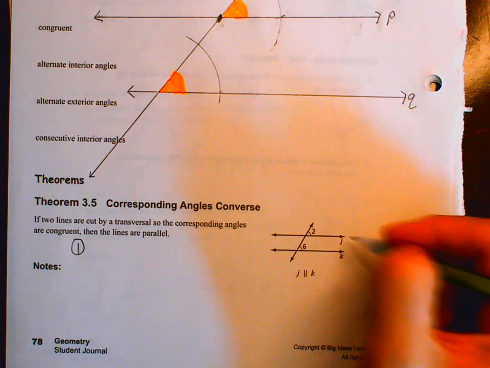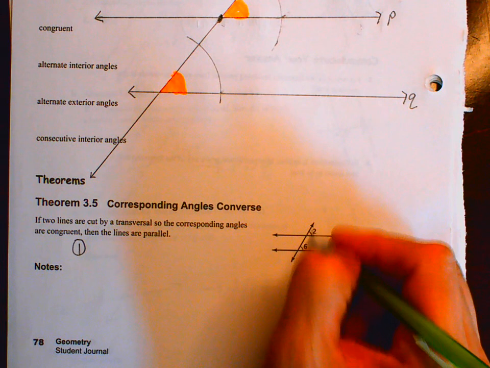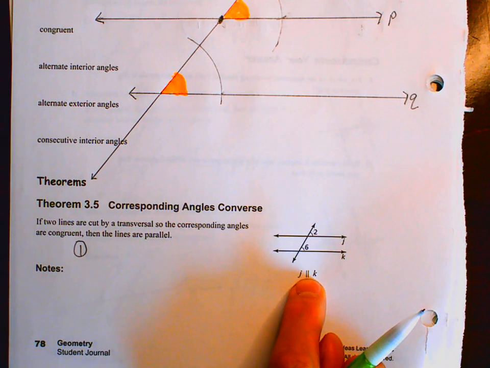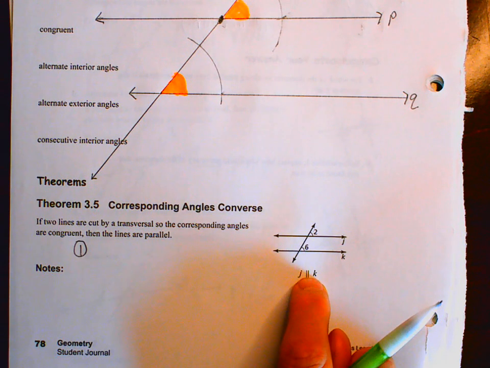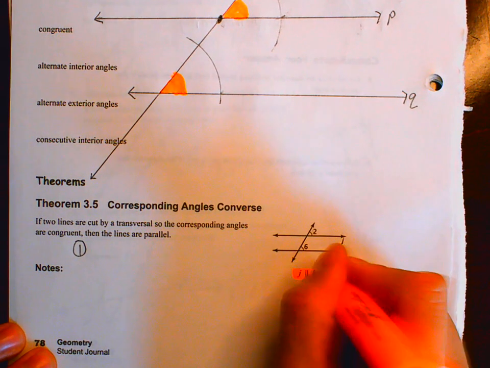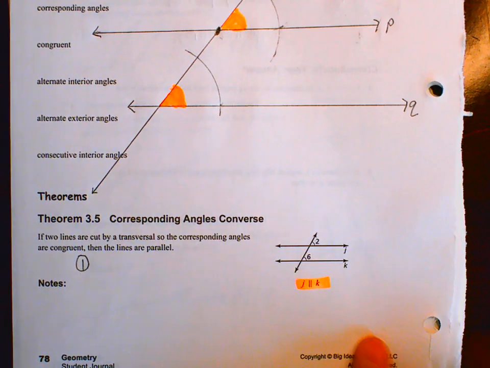So if you have a set of lines cut by a transversal and the corresponding angles are congruent, that will imply that these two lines are parallel. Okay, so remember, our goal is to prove that lines are parallel. All right, next page.